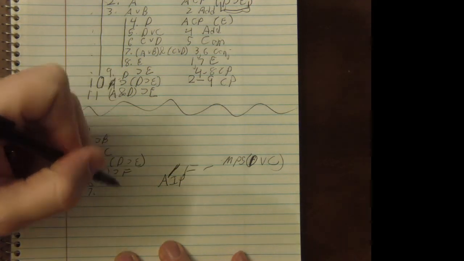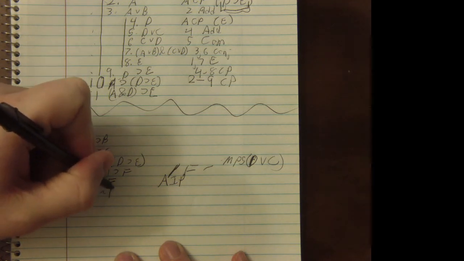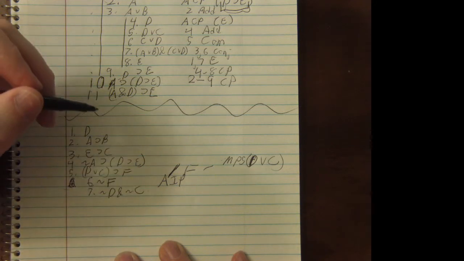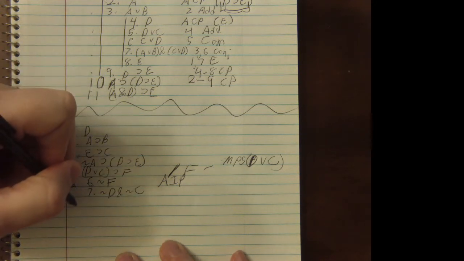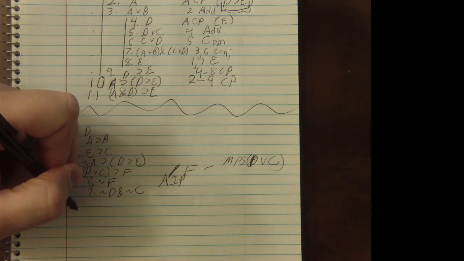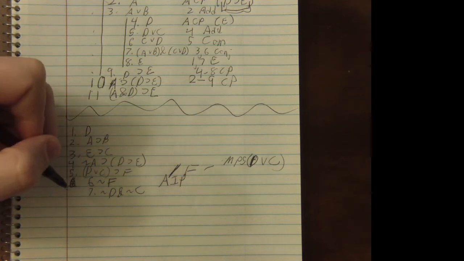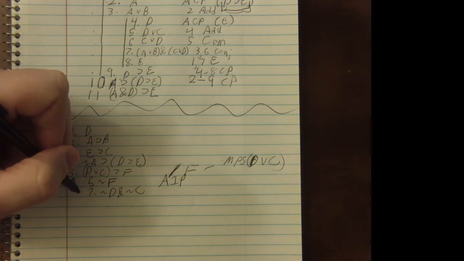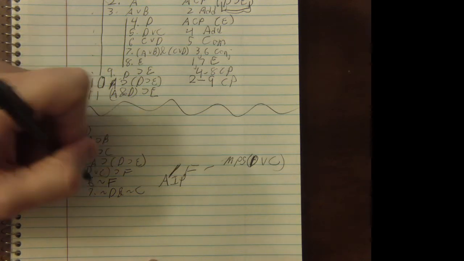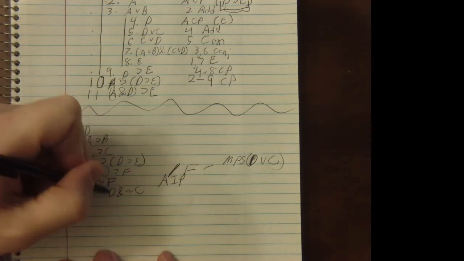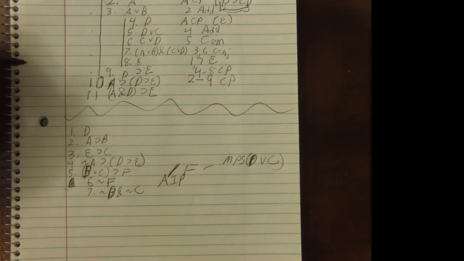Gives me not D and not C using... I must have copied this proof wrong because that's way too easy. Yes, that's B or C, not D or C. I'm like, wait a minute. Okay, so we have not B and not C.